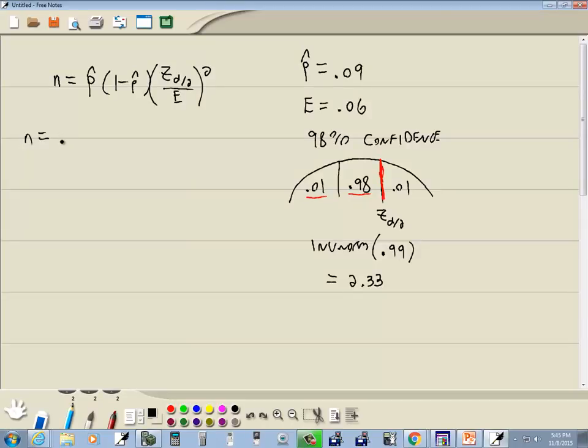So plug in p hat, 0.09. So I got 0.09 times 1 minus 0.09, z was 2.33, divided by E, which was 0.06, and then squared.